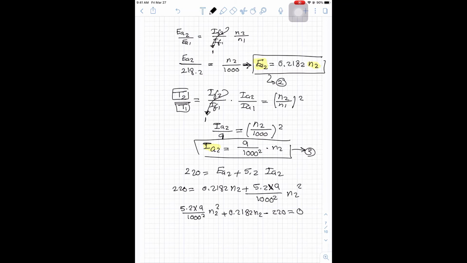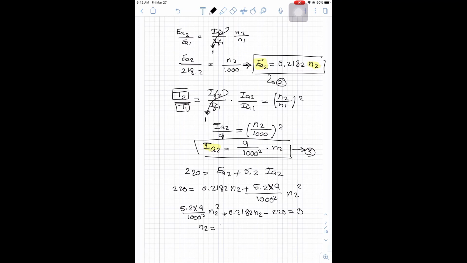This is the one we will accept, and we will reject the other one. So let's solve it using the calculator.